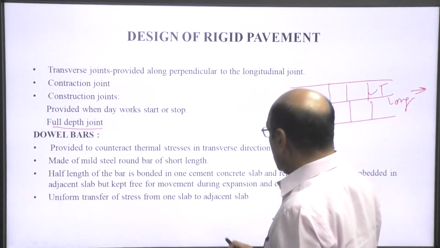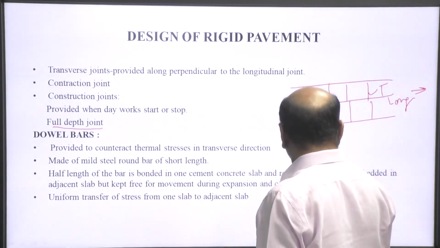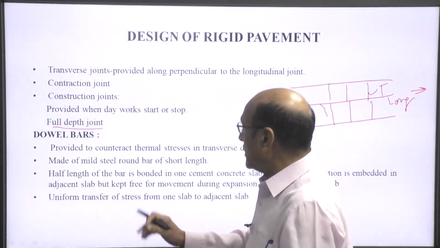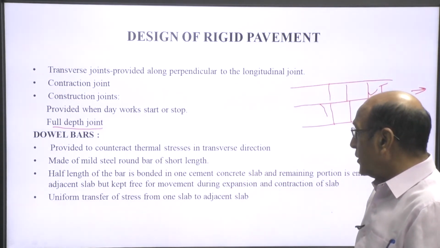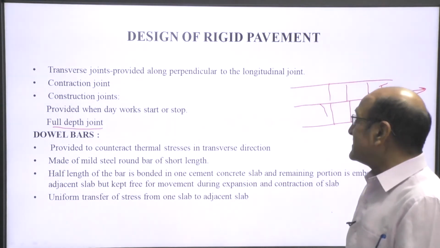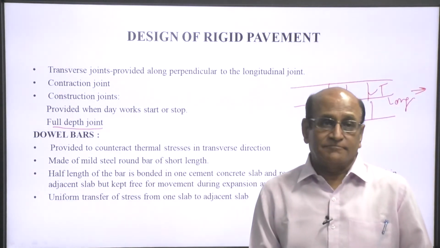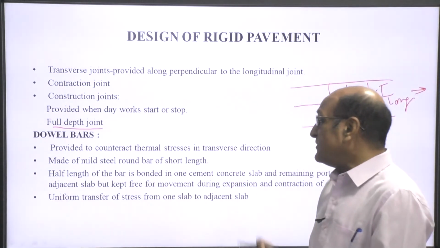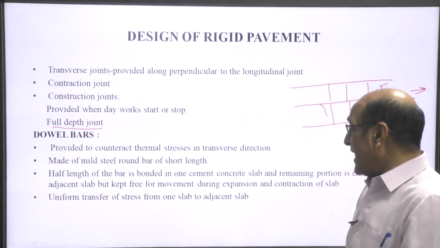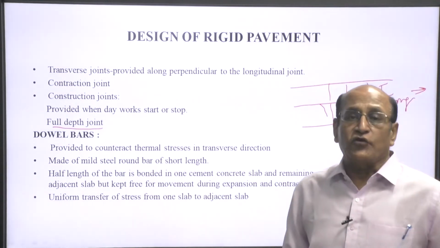So, dowel bars are provided to counter thermal stresses in the transverse direction, and are made of mild steel round bar in short lengths.